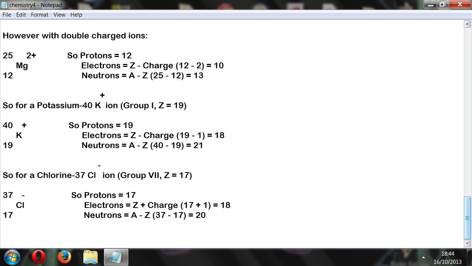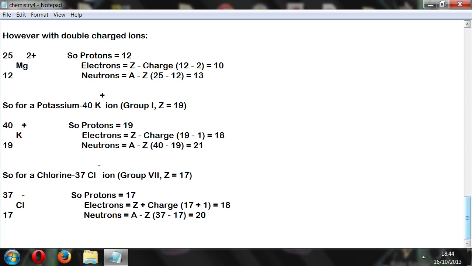Just to see the reverse case, chlorine-37 is group 7, so the atomic number is 17. The configuration is 2, 8, 7, so it's group 7, and it has a negative ion. Protons are again 17. Neutrons are the mass number minus the atomic number, just cancelling out the protons to leave the neutrons, which is 20.